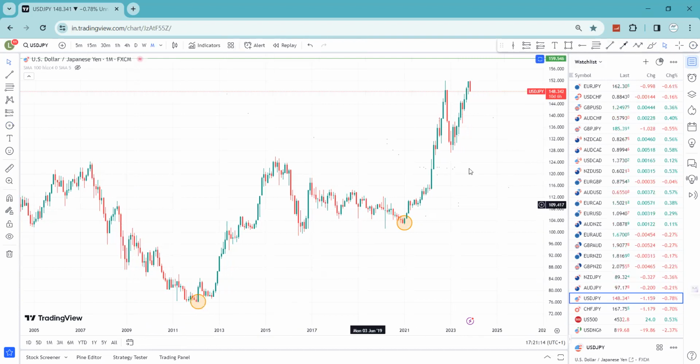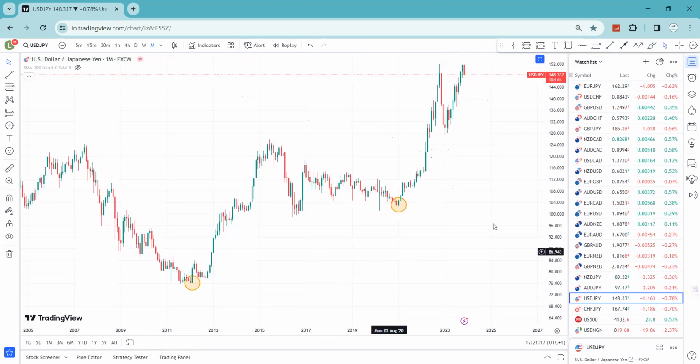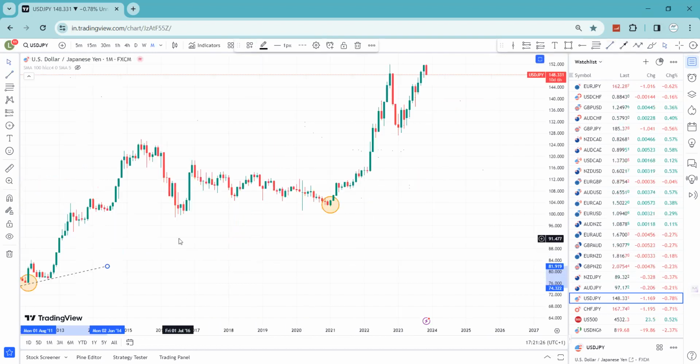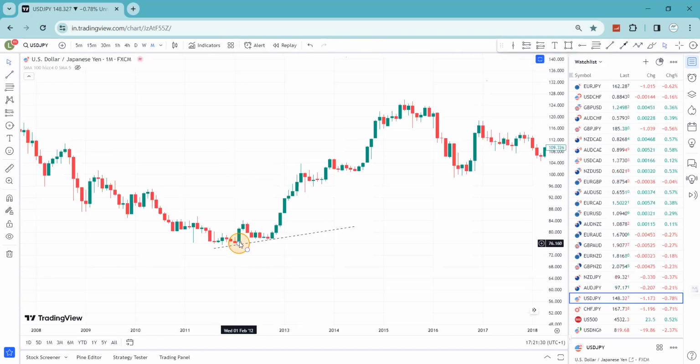So what I'm going to do is to find a way to draw my trend line such that it is going to consider these very obvious swing lows. So I pick up my trend line tool and I place it across this zone. Now, one thing I notice, let me zoom in so you can also see. One thing I notice is if I consider this swing low here, it also considers this point here.